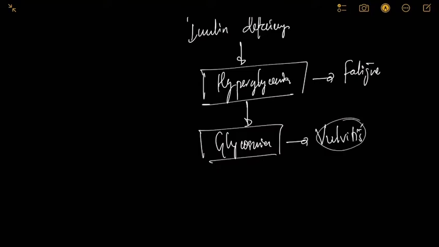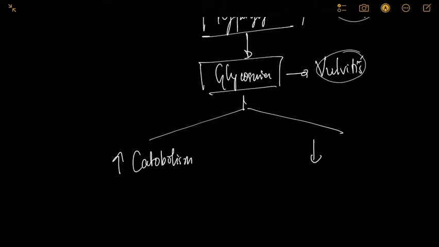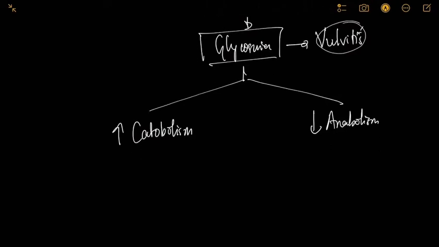All right, and this leads to two conditions. One is your increase in your catabolism and decrease in your anabolism. All right, let's discuss your increase in catabolism first. Increase in catabolism leads to increase in lipolysis.